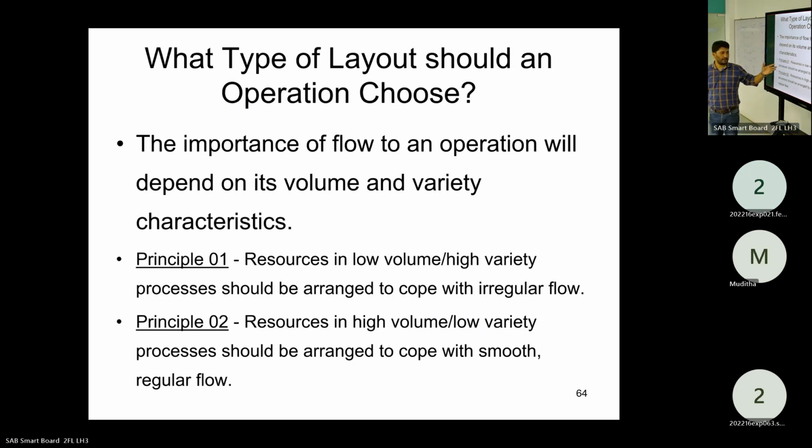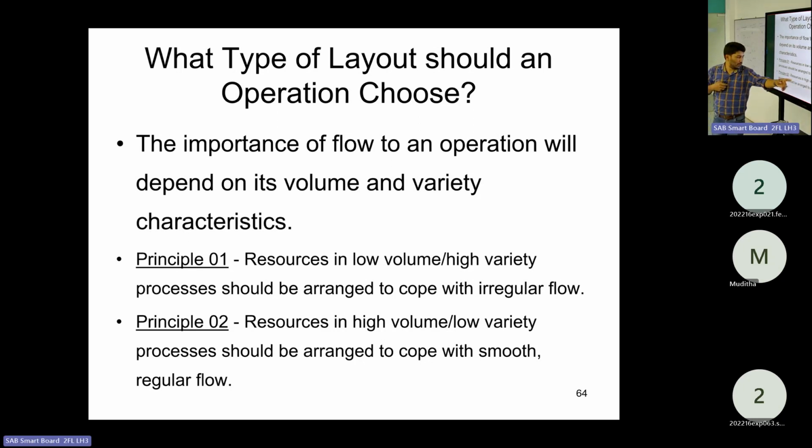Principle 1: resources in low volume, high variety processes should be arranged to cope with the irregular flow. Flexible. Customized products in low volume may require irregular functional layout, process oriented layout.